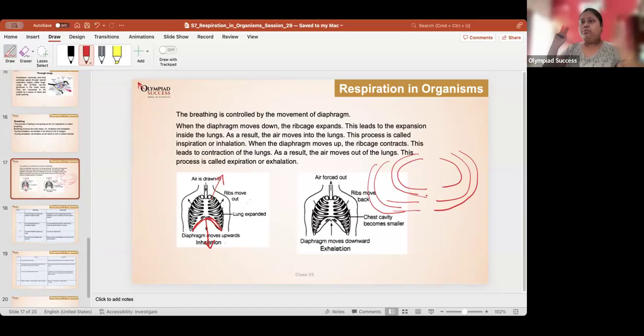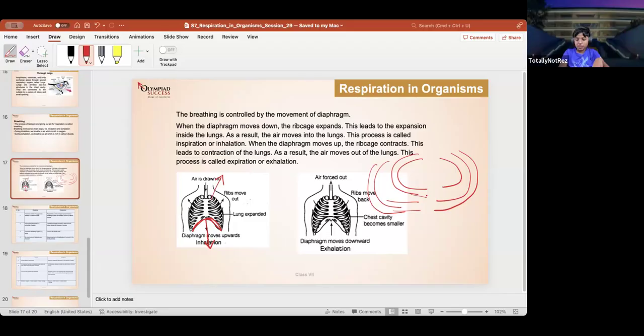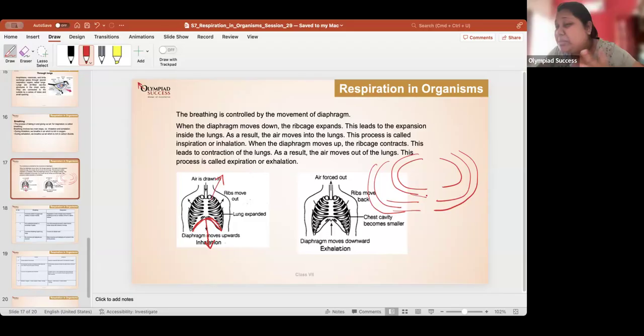Will the volume within the enclosed chamber increase or decrease? Increase, yes.